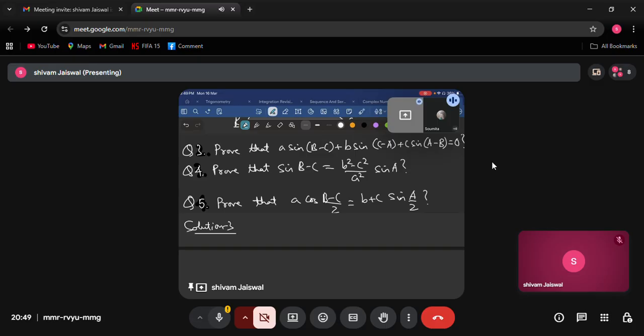Yes, Shamita, right answer. And Mabel, the second one is also correct. Okay. So Raktim, I'm solving number 3.